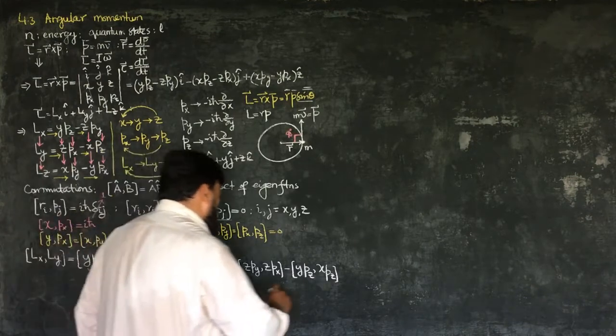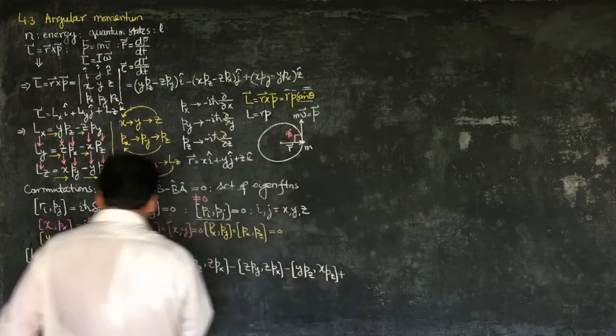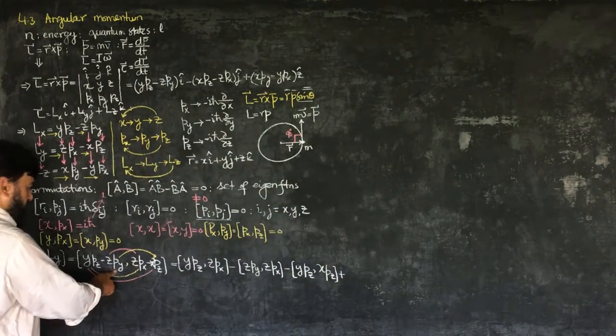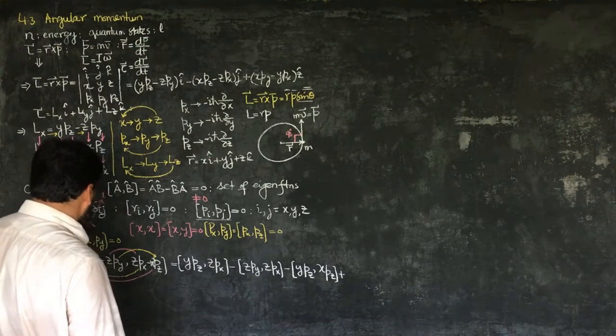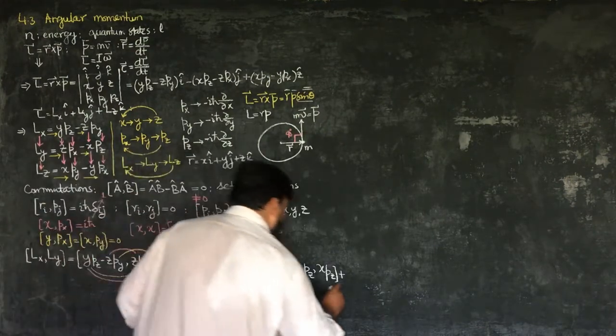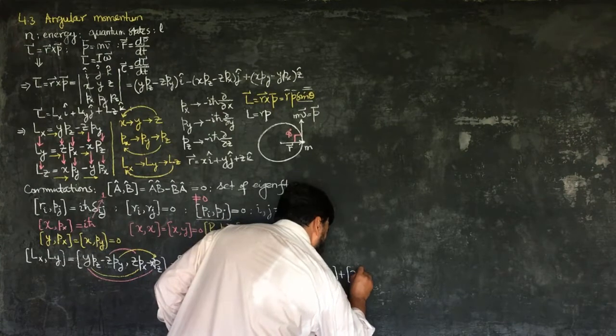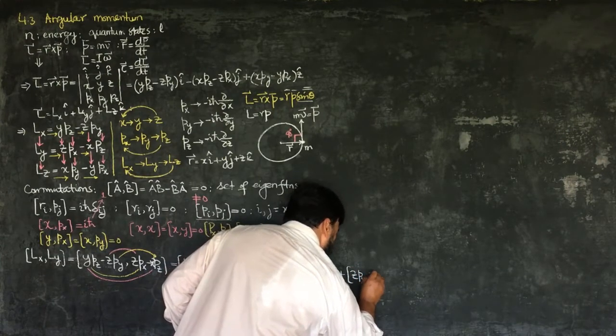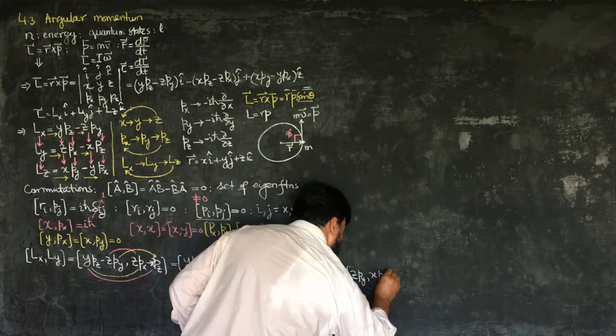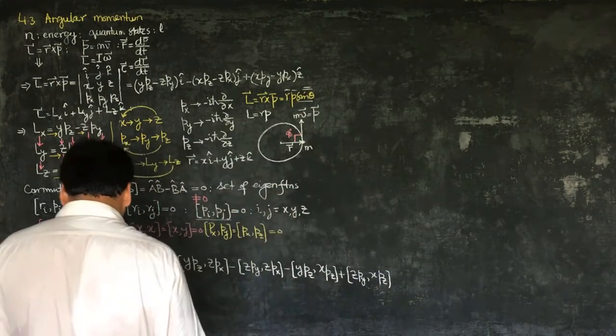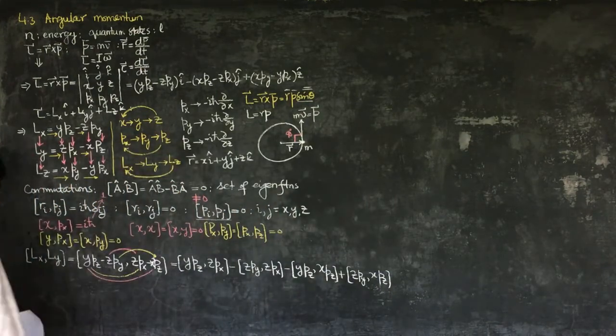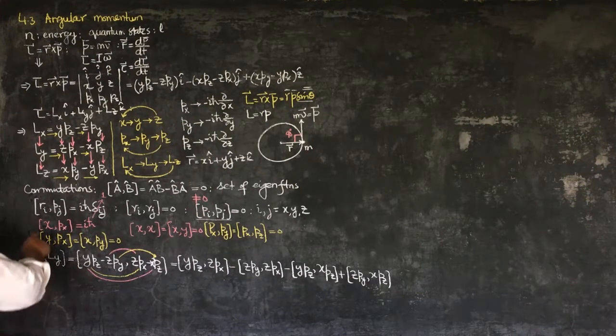So this will become plus, and we will have zpy and xpz. So now look to the relation that we have done here.